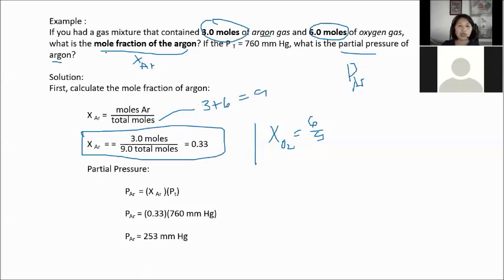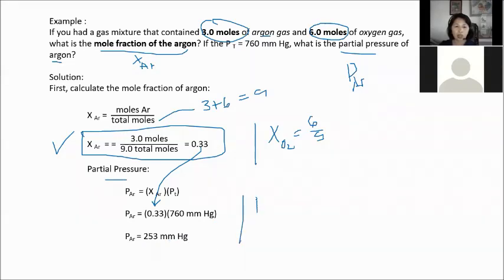Now, since mole fraction ng argon lang, so ito lang ang kinakailangan ng problem. And what about the partial pressure? So to solve for partial pressure, this is mole fraction of argon multiplied by total pressure. So ang mole fraction of argon is 0.33 or 33% of 760 mmHg is 253 mmHg.